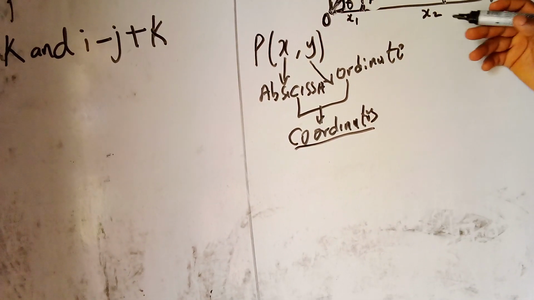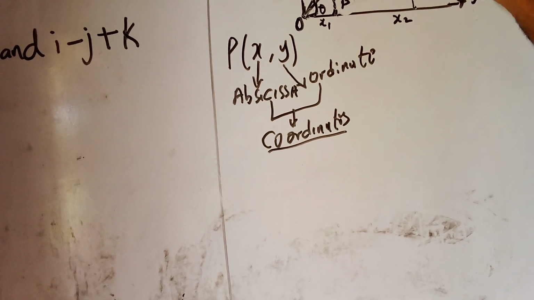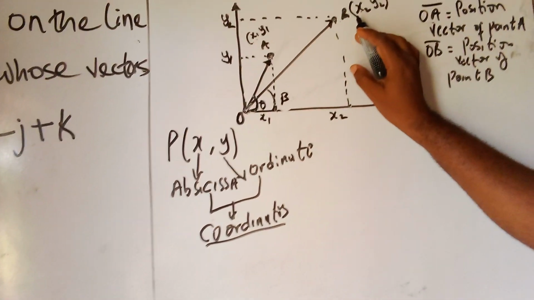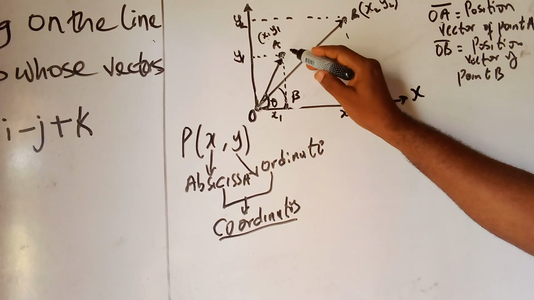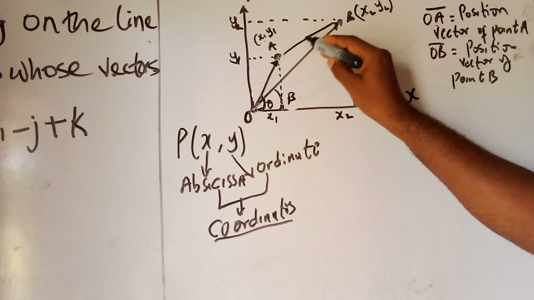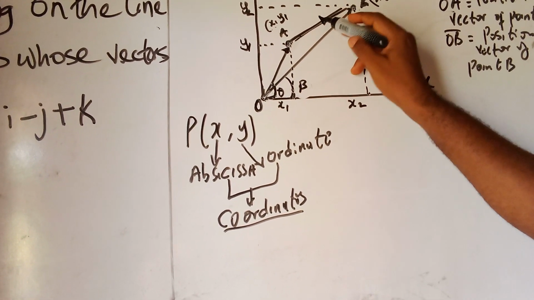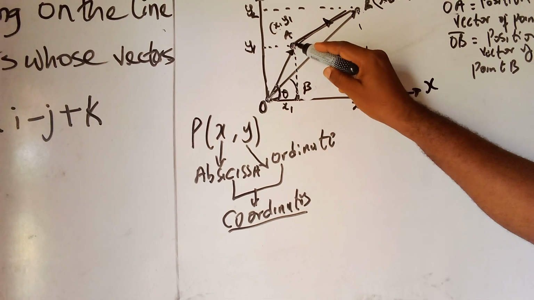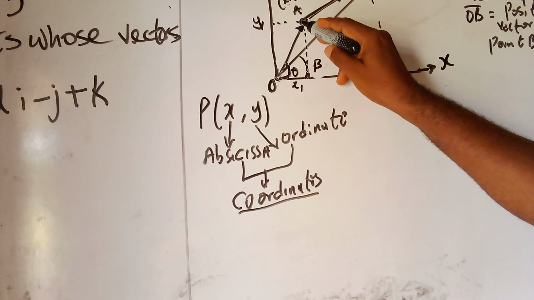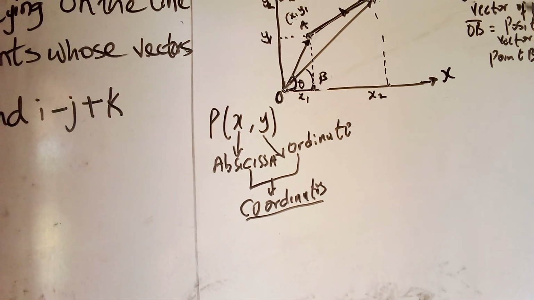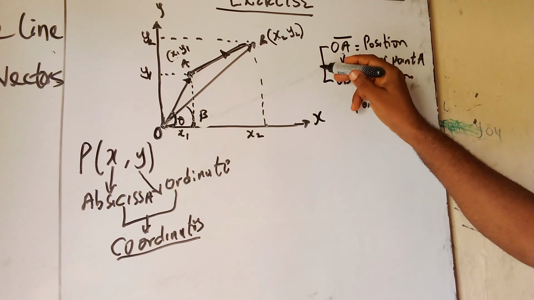Okay, now I want to find the position vector. I've already described the position vector of points A and point B. Now let's consider the line joining A and B. Let's say I'm moving from point A to point B. What is the vector that describes the location of point B with respect to point A? Now, each position vector that is here is known as a fixed vector.